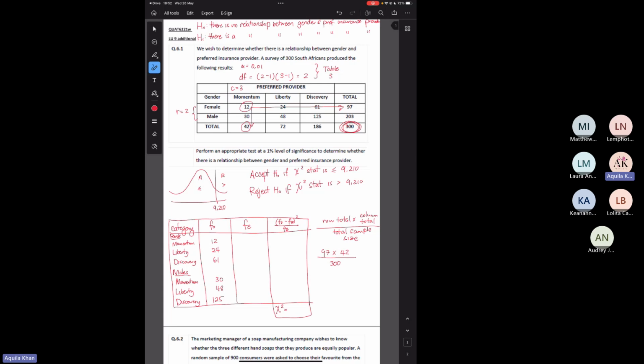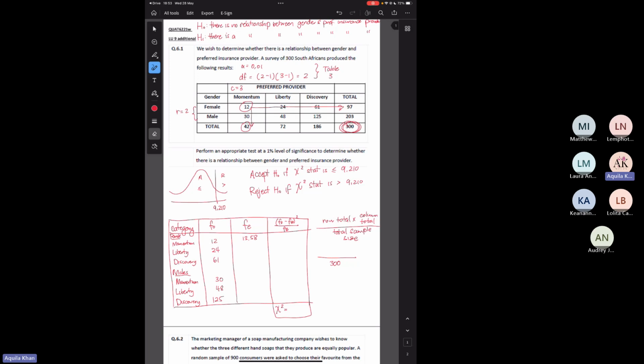That gives you a figure of 13.58. Leave these as two decimals, please. Don't change them unless they ask you specifically to round them off. And that is your first one.